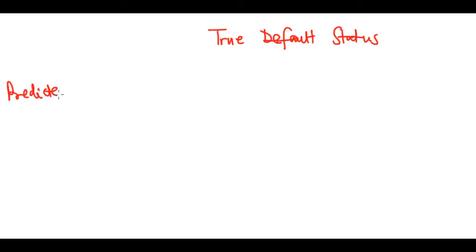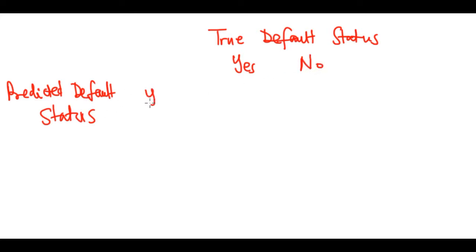This confusion matrix is created this way. Here you have true default status, and here we're going to have our predicted default status. Our true default status will either be a yes or a no, and for our predicted default status, we may predict that the person defaulted, or that they didn't default.